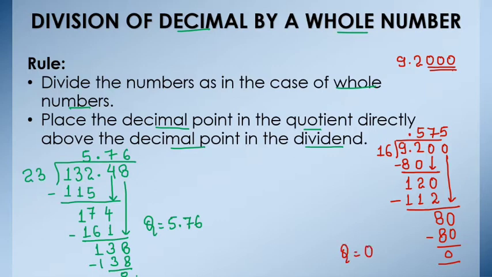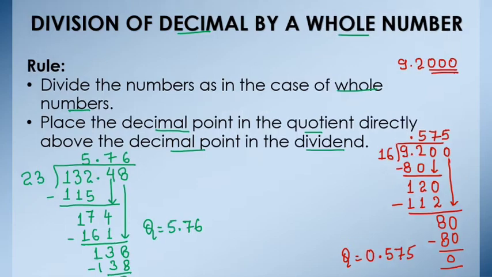Therefore quotient is 0.575. So you can see if in the remainder we have some number other than 0, we can place 0 after the decimal digits, that is on the extreme right side, and bring it down and do the division in the same manner as we divide whole numbers.